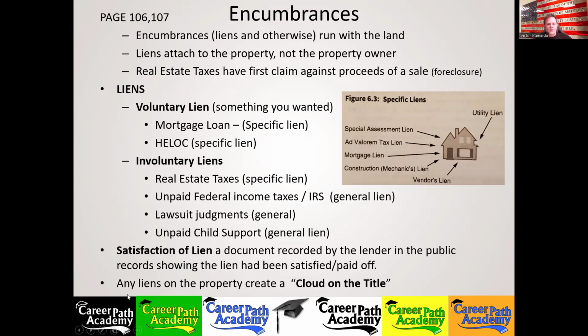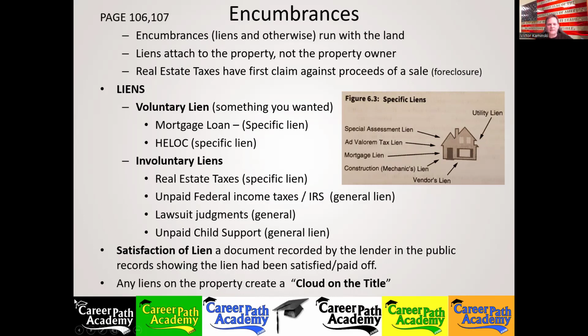All right, so when you do pay off a lien, do they remove that lien from the public records? No, they don't. Once something is added to the public records, it's there forever. The only thing they do is add another document to the public records showing that the lien had been satisfied.